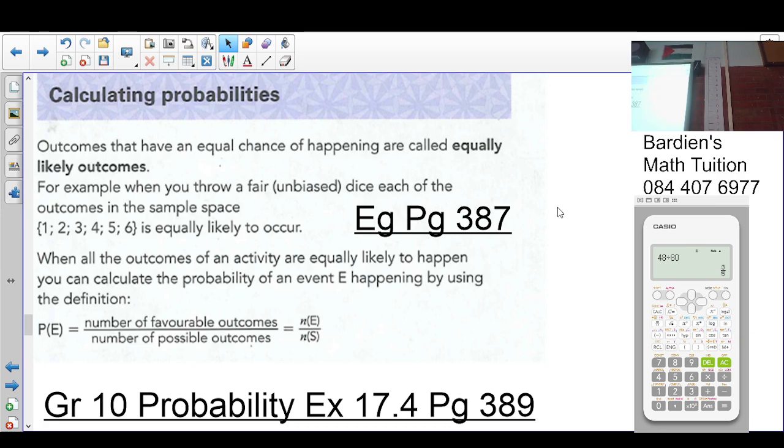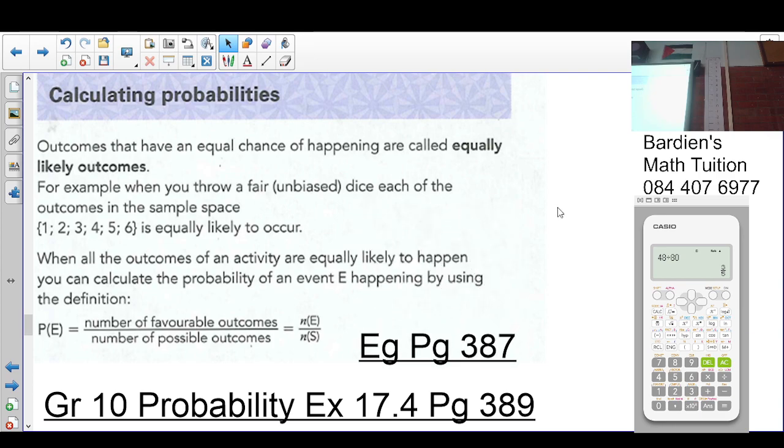So, for example, when we throw a fair or unbiased dice, each of the outcomes in the sample space, 1, 2, 3, 4, 5, and 6, is equally likely to occur. When all the outcomes of an activity are equally likely to happen, we can calculate the probability of an event E happening by using the definition. So you need to write this down.